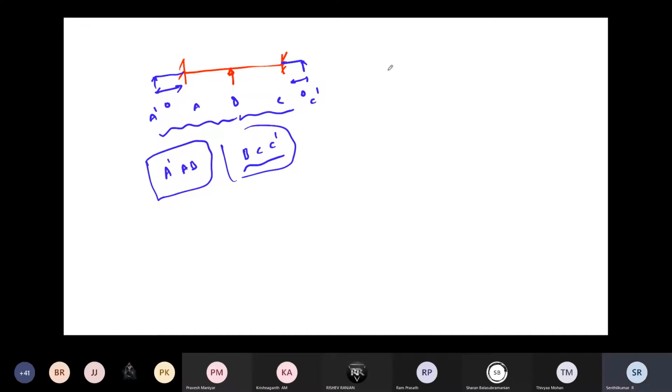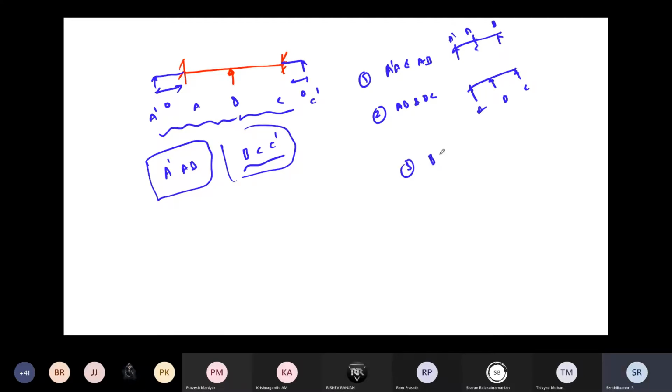First you have to consider A dash, A and AB. Second, AB and BC. Here A dash, A, B, 3 supports. AB and BC again, A, B, C, 3 supports, 3 moments will be there.